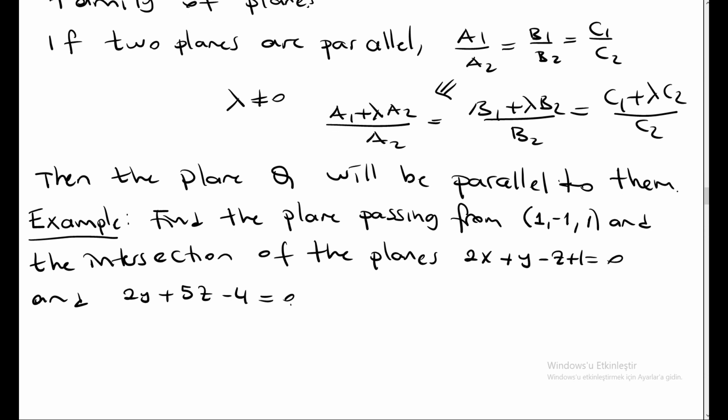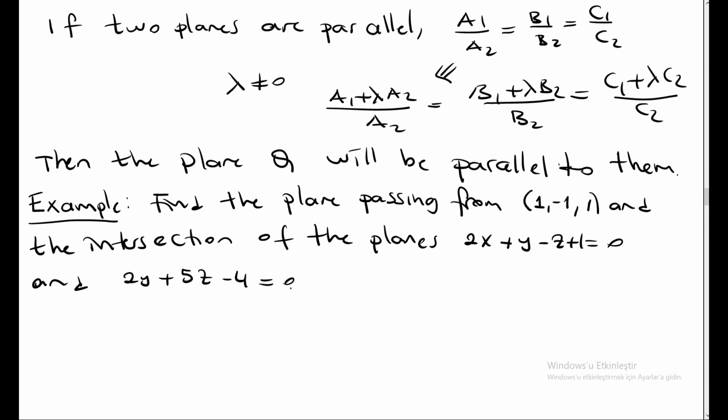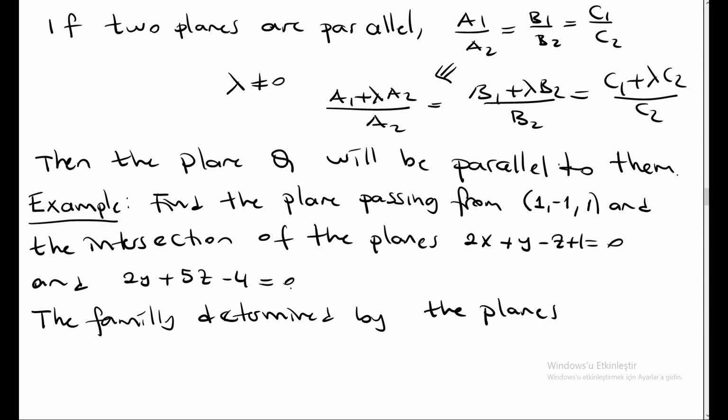Okay, first the family determined by the planes. Which planes? 2 times x plus y minus z plus 1 equals 0, and 2 times y plus 5 times z minus 4 equals 0.